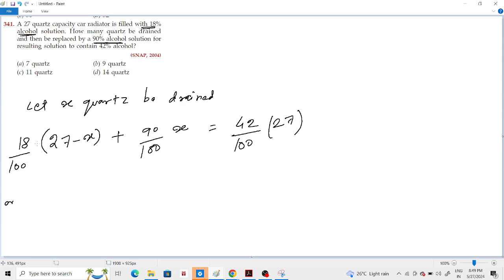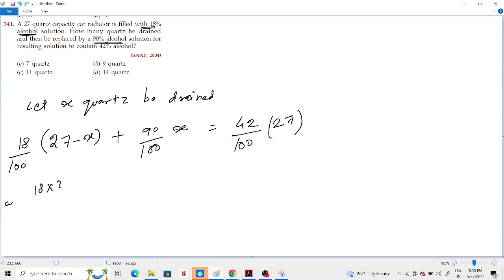So now we have to just solve it. This solution will involve some work. If I divide it, if I convert it to lowest terms, that will be more work for me.